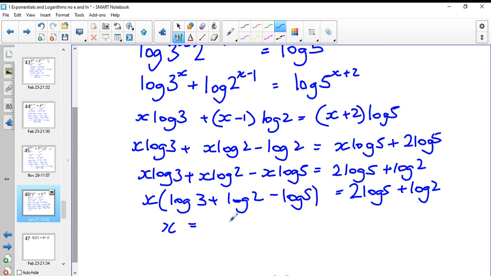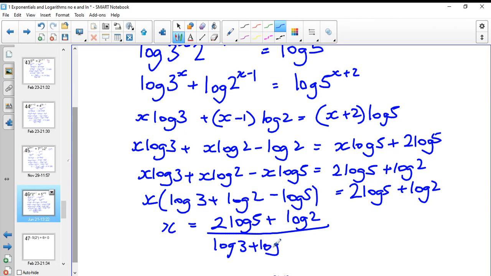Or you could simplify first using the laws if you want to. Be less to write down, I suppose. Plus log 2 take log 5. Okay, so either simplify or just stick it into your calculator. Either way, you'll get to 21.5 to 3 sig figs.